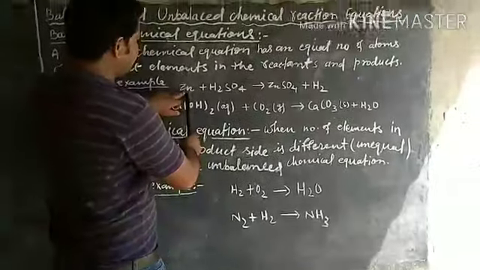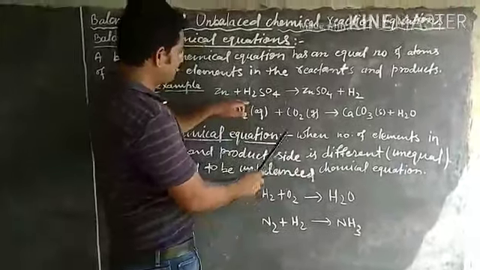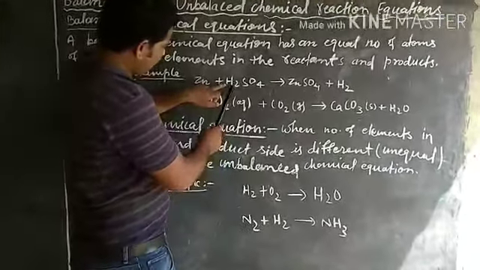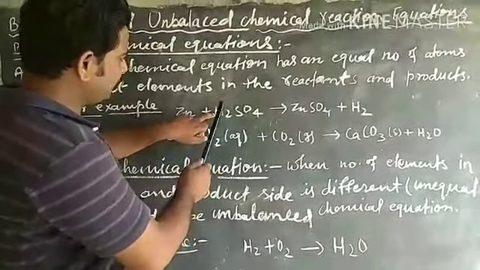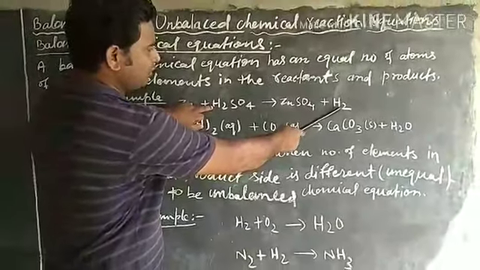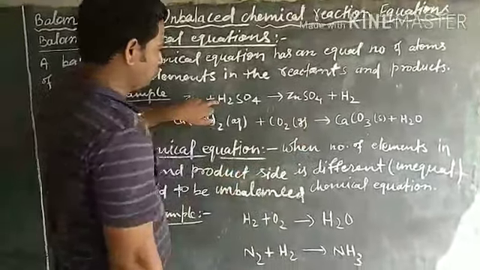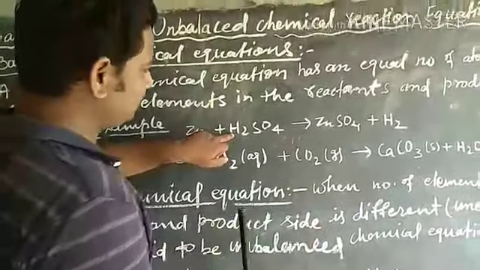So zinc is equal on both sides. Now come to H2. Here the number of hydrogen atoms is 2 on the reactant side, and on the product side the number of hydrogen atoms is also 2. So hydrogen is equal on both sides.